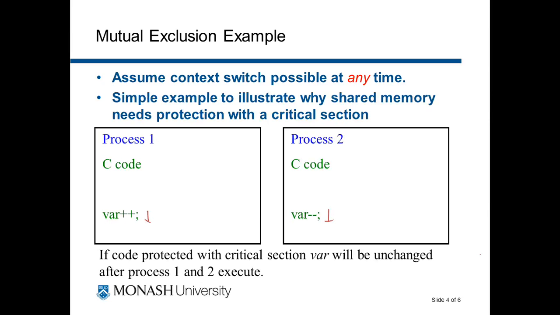Yeah, one increments, one decrements, but actually that's what I want to happen. First one increments, the second one decrements. I want my result to be the same as it started off. Why? How could it be the case that my result, after both processes run, is either one higher or one lower?